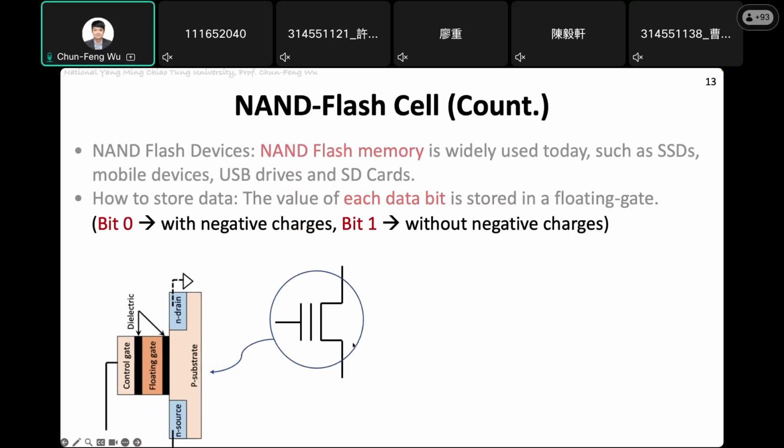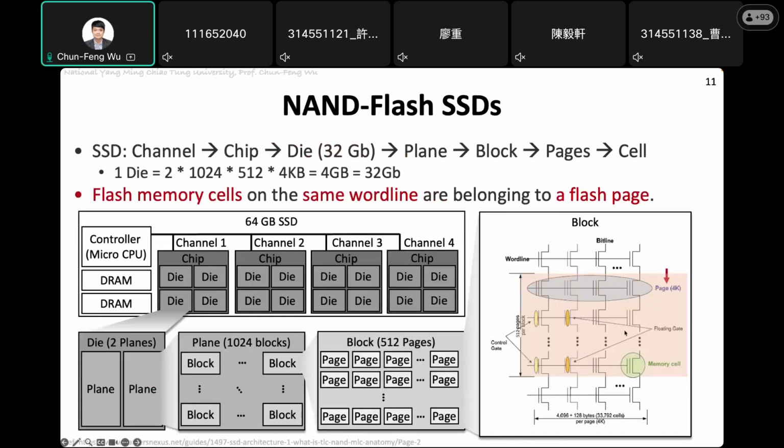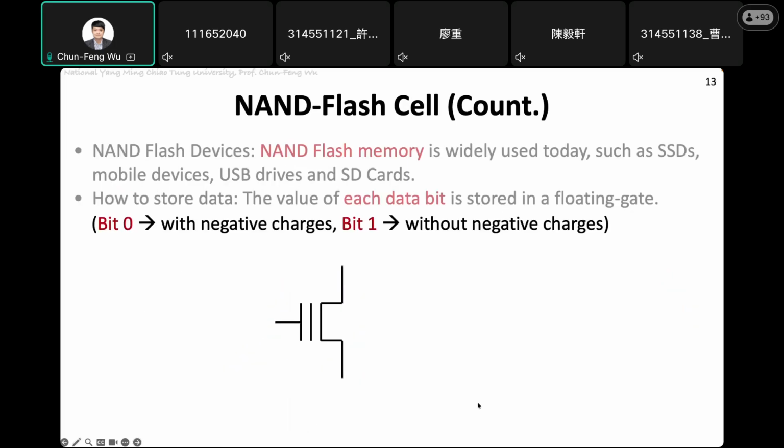So this one is a word line, and this one is a bit line. Okay, so it will be more like this. This one is a word line, and the vertical line is a bit line. So the intersection of each horizontal and vertical line is a cell. And this direction here will be the control gate, and here will be the P-substrate. Okay, so the mapping is like this.